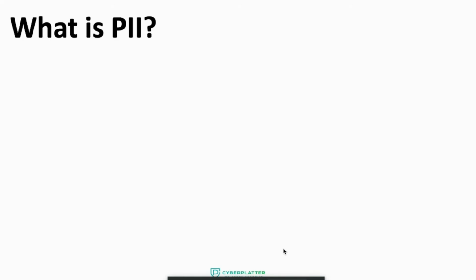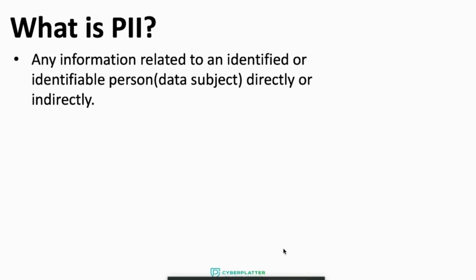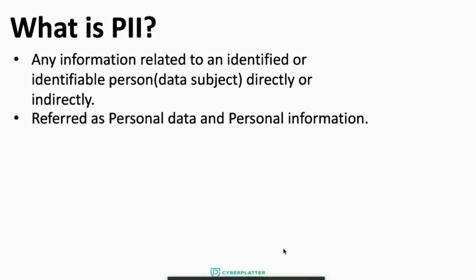Let's take a little deeper look into PII. PII stands for Personally Identifiable Information. It is sometimes referred to as personal data or personal information. PII is any information related to a person or data subject. It can be used to identify a person. PII could contain direct or indirect identifiers.